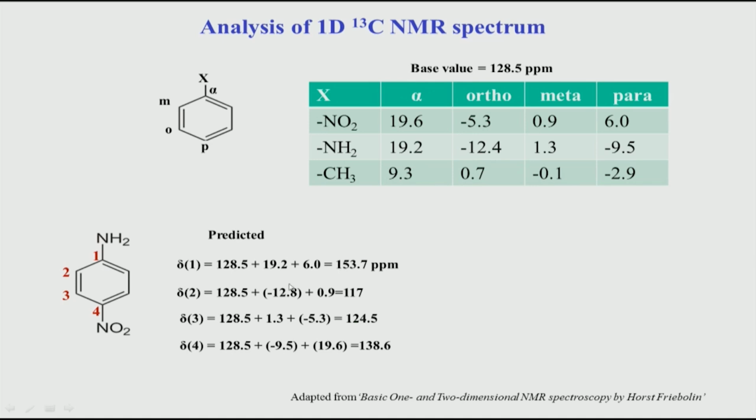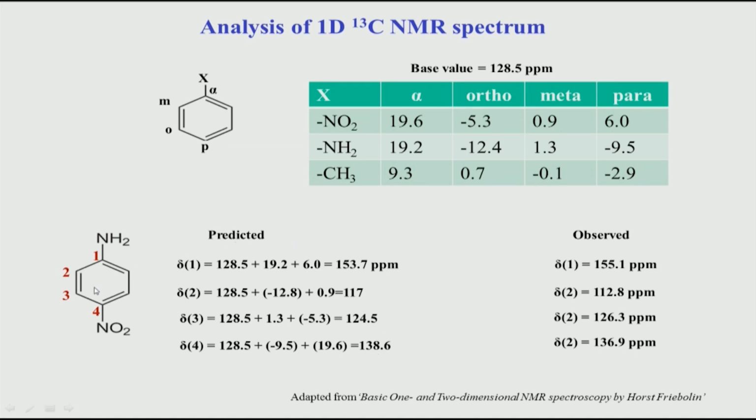Similarly, if you look at this carbon, same philosophy, same idea, you can use this table with the different substituent positions and calculate these values. Now, let us see how it matches with the observed values. It looks very nice, it matches almost within 2 to 3 ppm of the observed values. So, if I get a spectrum with 4 peaks in this region and have to assign which peak corresponds to which carbon, I can use the simple rules of prediction and then match it with this molecule.